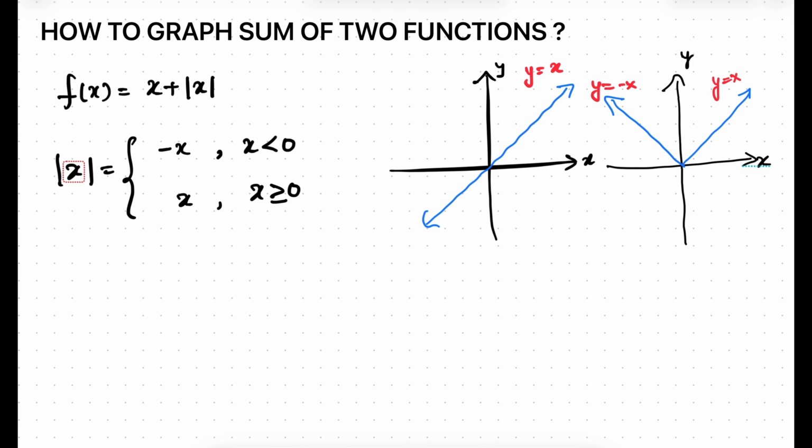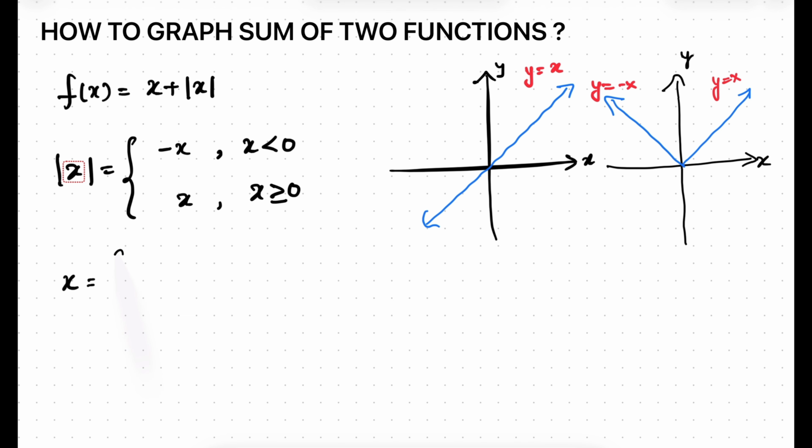Now, for the identity function x, though it need not be written in piecewise form, you'll have to adjust it in terms of the modulus function's domain, so that when you add both functions, it will be easy.